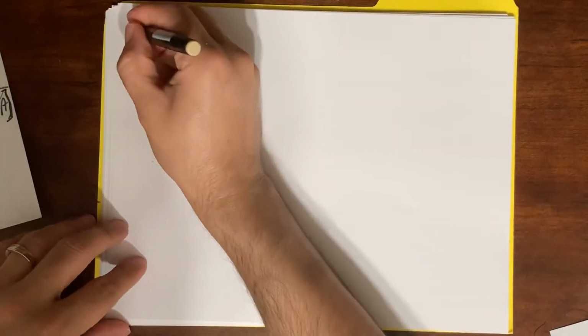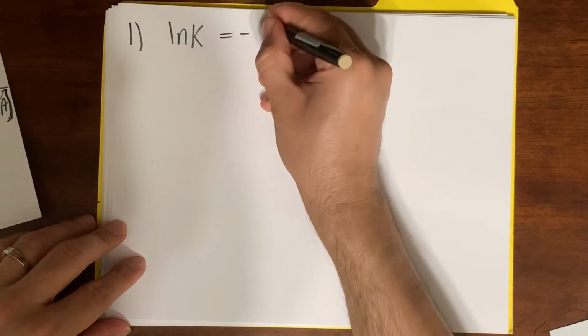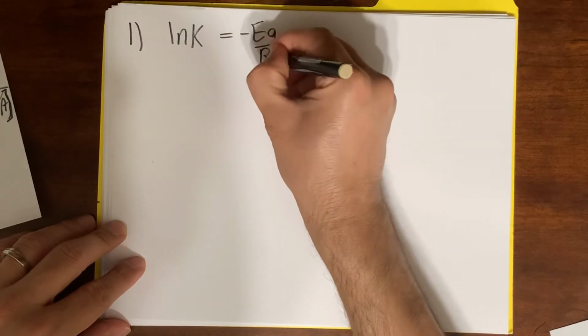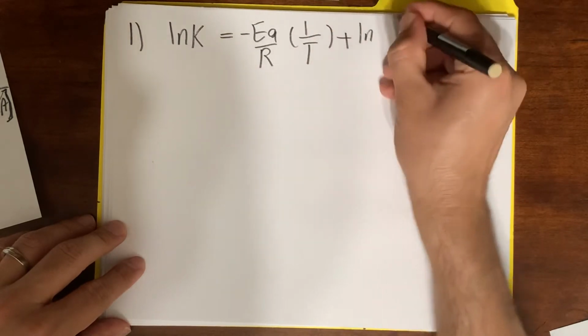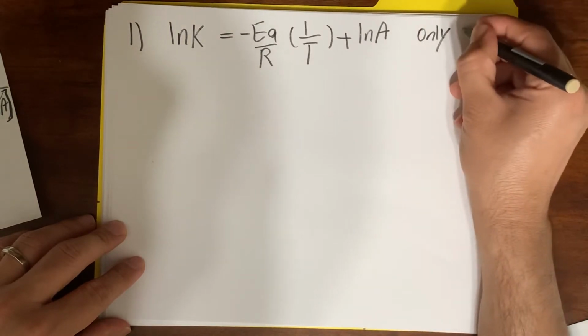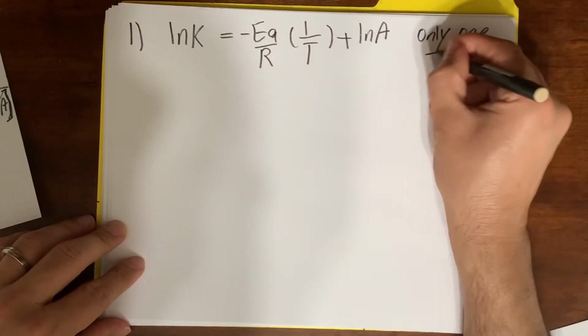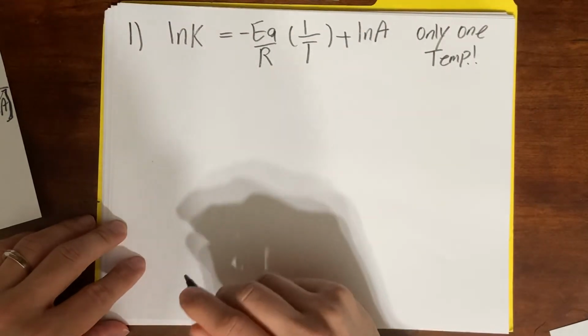So the first formula says ln of K equals minus EA over R times 1 over T plus ln of A, with only one temperature.